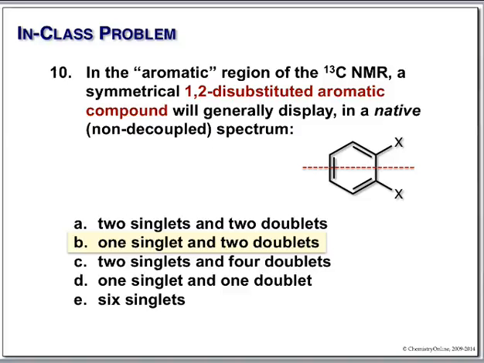I have a question about that. I get kind of confused with the whole plane of symmetry thing, about how it plays into what you get. Well, if you have a plane of symmetry, as far as NMR is concerned, we call those things magnetically equivalent.